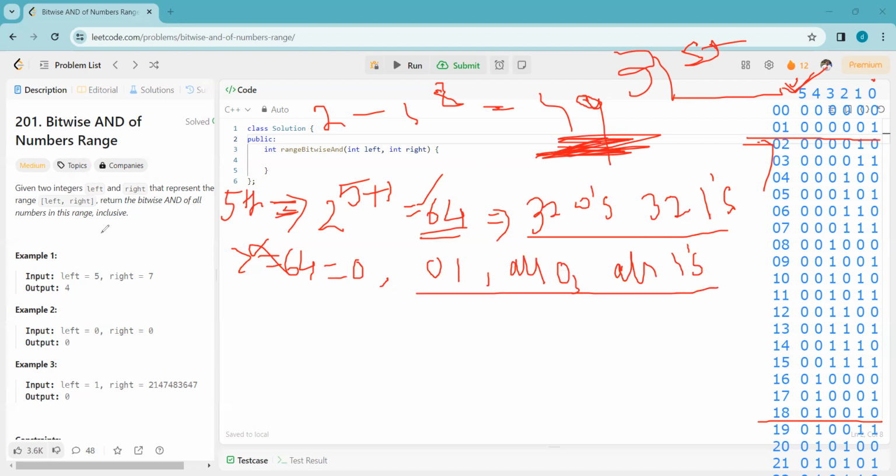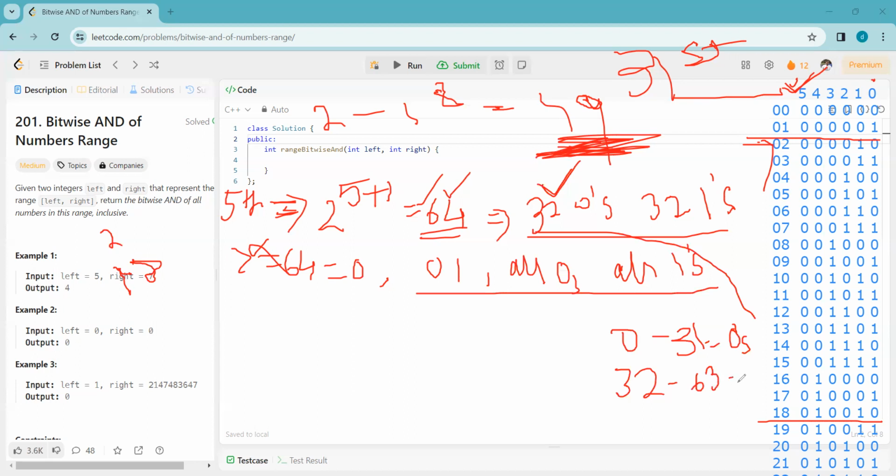So our numbers are from 2 to 18, right? And we have 64, and out of that, the first 32 numbers, from 0 to 31, will contain zeros, and 32 to 63 will contain ones.